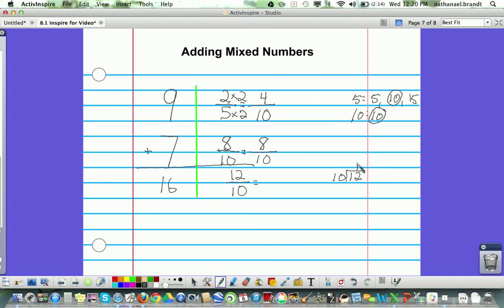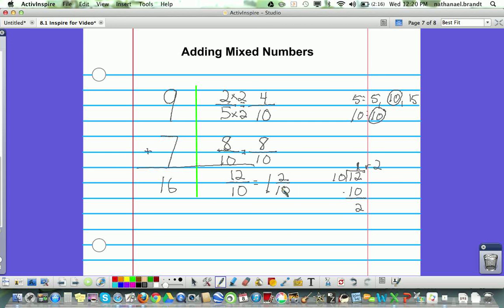There's one group of 10 in 12. And then if I subtract, I get 2 left over. So I have 1 remainder 2. And my denominator doesn't change. So 12/10 is the same as 1 2/10.